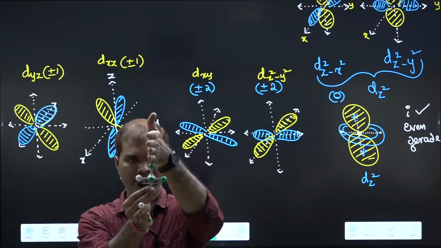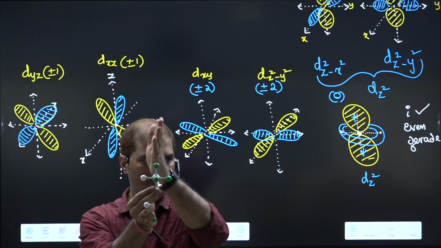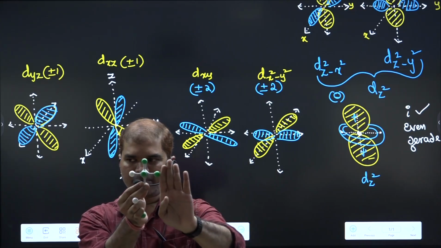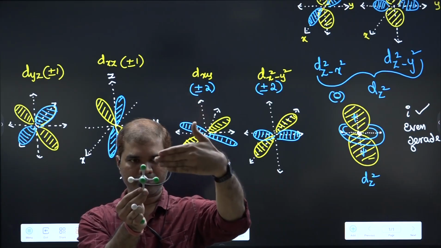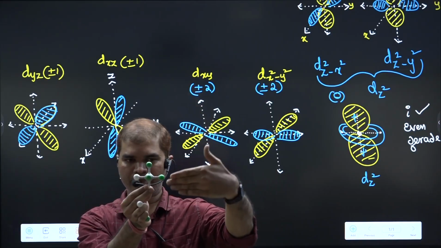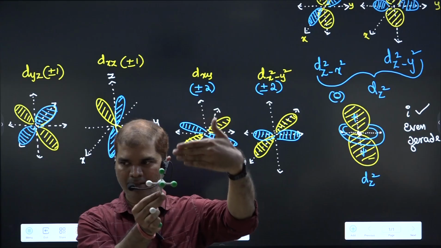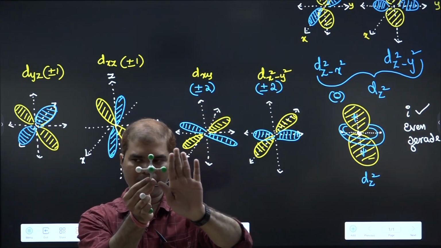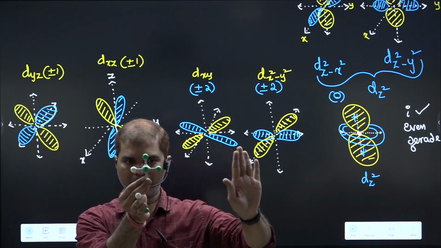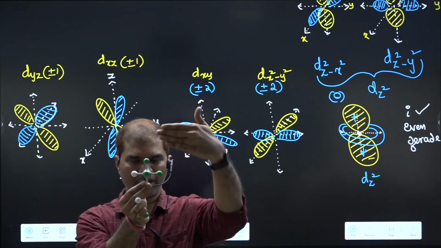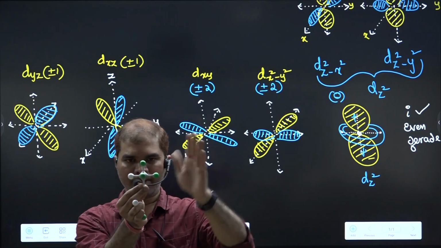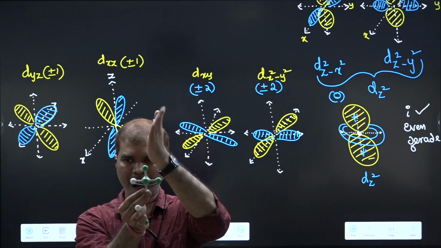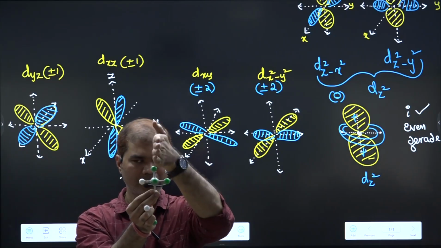So which plane is this? xz, yz, again yz. If I show it like this or like this, it is one and the same. It is in the plane of the board. This one is xz. Either way, it is one and the same.